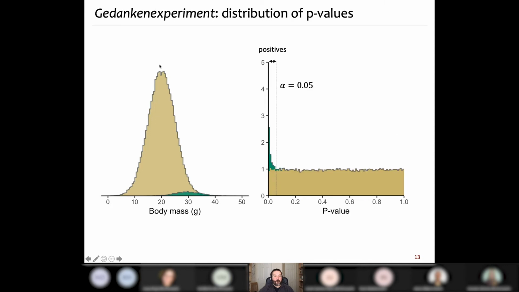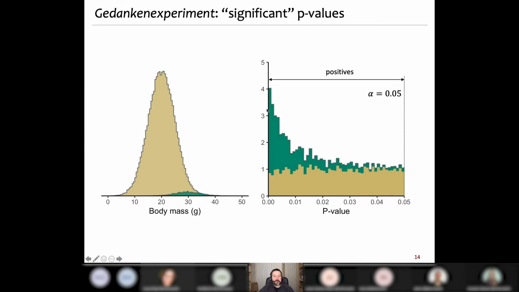And now we draw lots of samples of size 5 from this mixed population, and then we plot the distribution of p-values. Let's have a look at this range between 0 and 5%. All results here are positive. We call them positive because p-values are less than alpha. But because we did a thought experiment, we know which of them come from the population with no effect, which is the brown shaded area, and which came from the population with effect, which is the green shaded area.